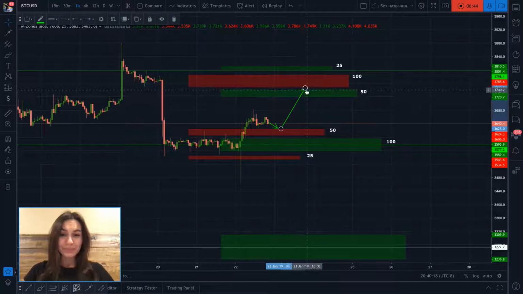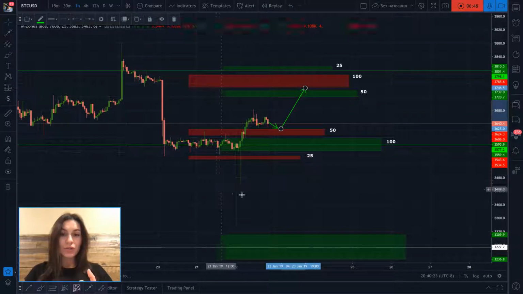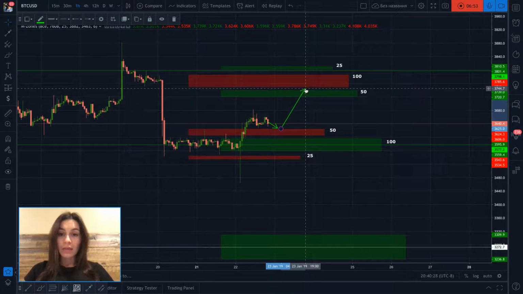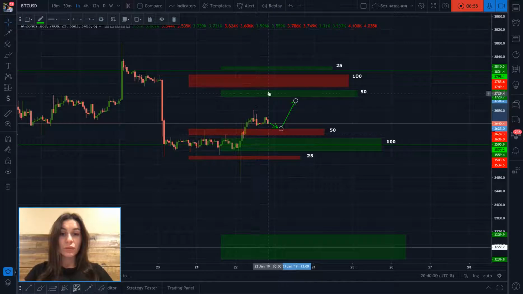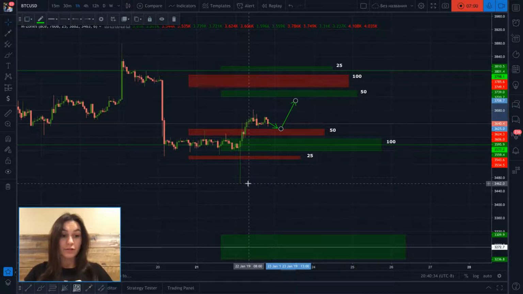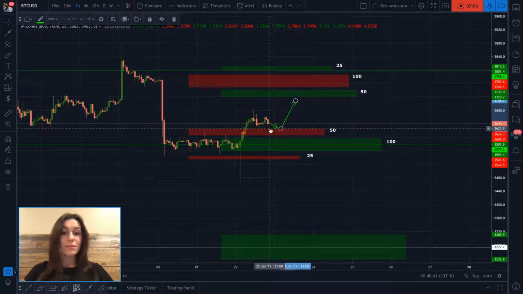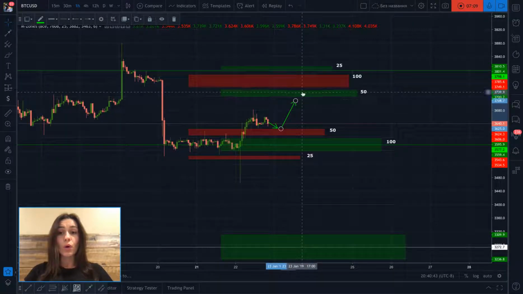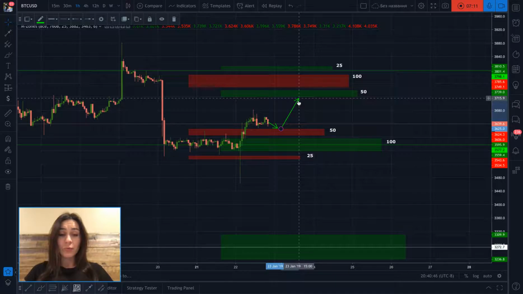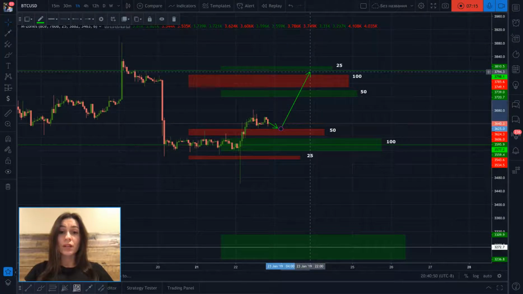So for the long position, we need to try to see what happens over here. And this is our red zone for those who open their short position. If we stay above this zone, there is a big chance that we will go to our 50-100% and then hit this up and go for this level.